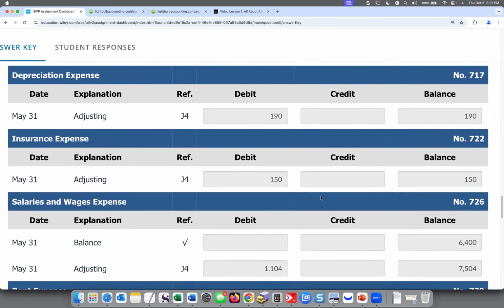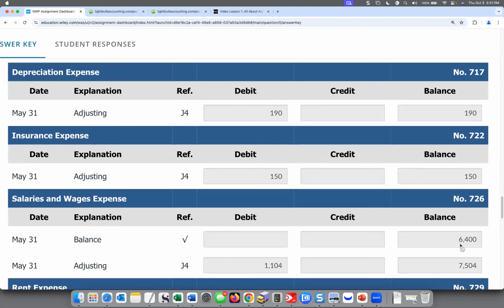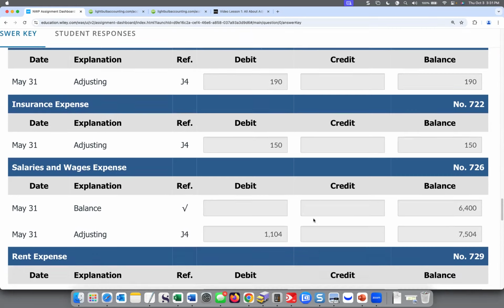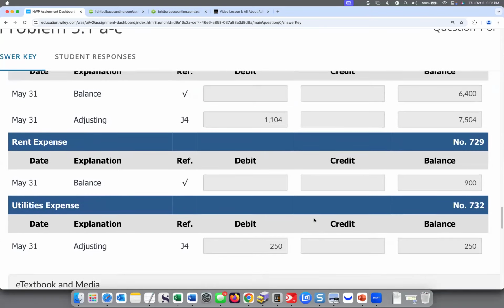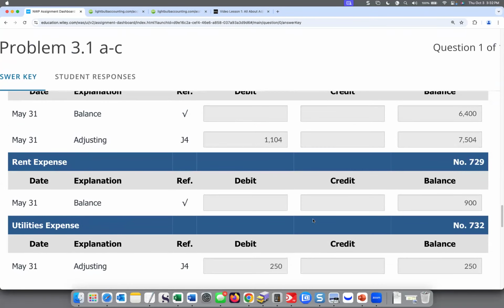Salaries and wages expense did have a previous balance. And then we had an adjusting entry that added another 1,104 on the debit side, and that raised it to 7,504. And then the rent expense and utilities are the last two. While the rent expense had an existing balance, it wasn't used in an adjusting entry.